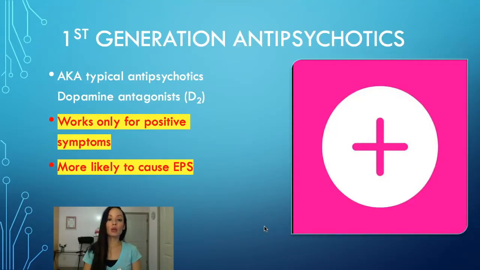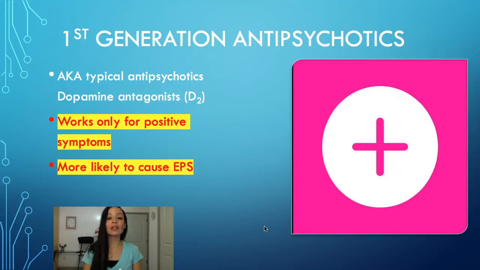This is a very important concept that you need to grasp in regards to schizophrenia and the medication regimen. So there are two types of antipsychotics, first generation and second generation. Depending on your school, you may be taught about a third generation, but we will focus on first and second. The first generation antipsychotics were invented around the 1950s, so they're old, right?